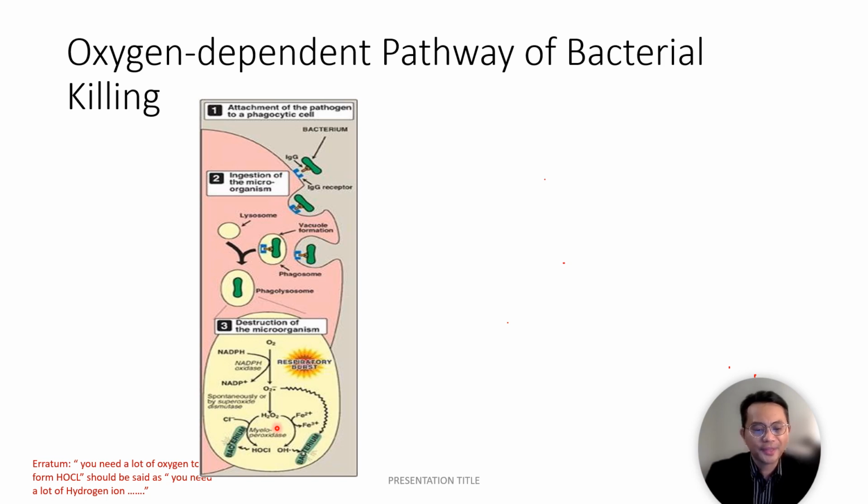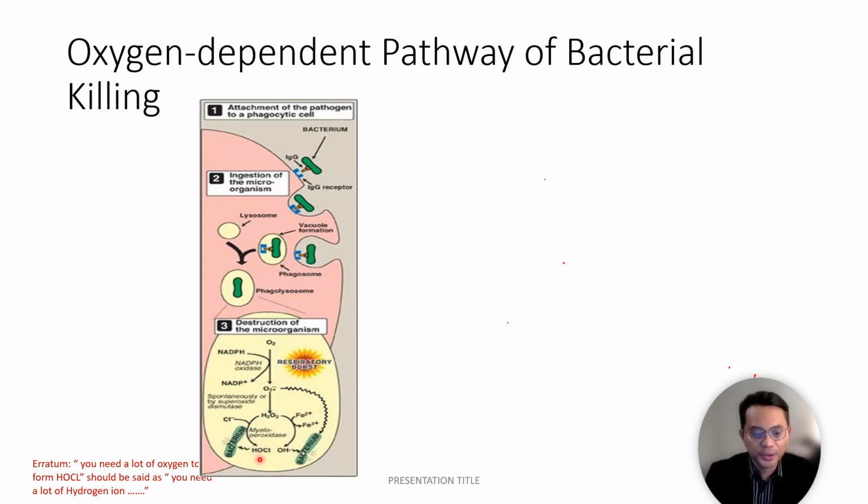Now follow me here. Okay, in the presence of chloride and through the action of this enzyme myeloperoxidase, this is actually a lysosomal enzyme, the hydrogen peroxide now will be converted into hypochlorous acid.